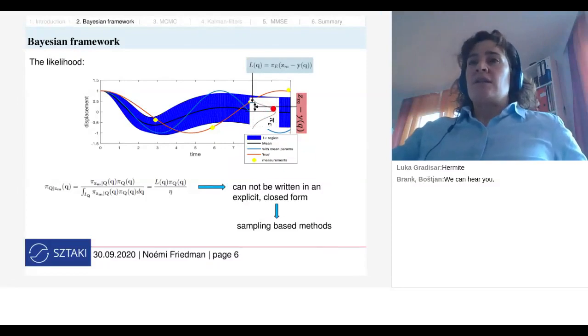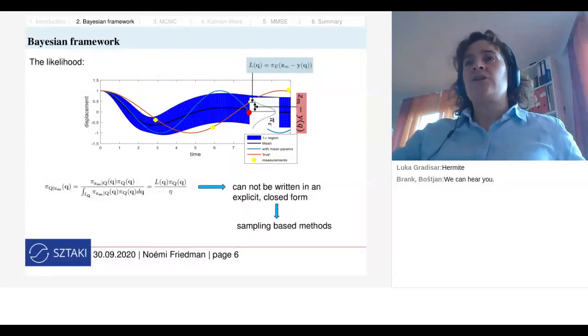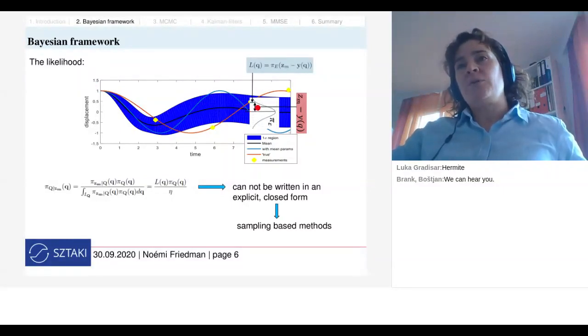So if this is the measurement noise that I suppose, the likelihood will be giving me how probable it is given a certain value of Q. Now let's suppose that this curve is computed with this specific Q value, and then I get this displacement right here. And I center my probability density function at this point.